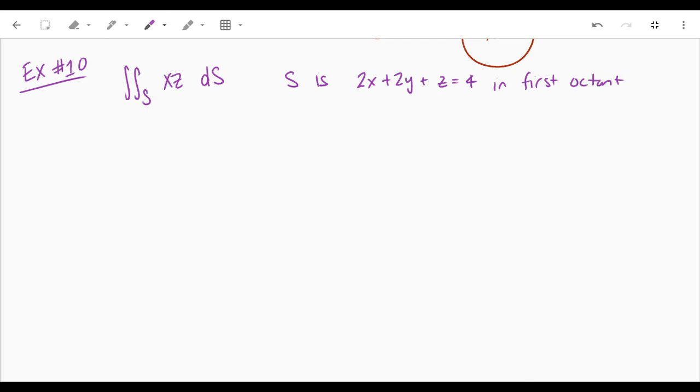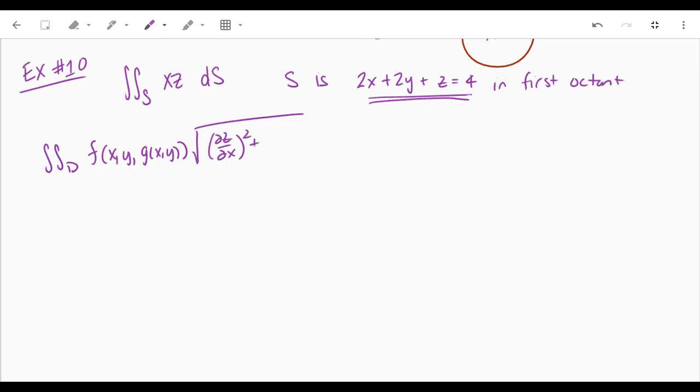And the fact that they've given this to us with x, y, and z all related like that tells us that our better format for this one will be this guy.